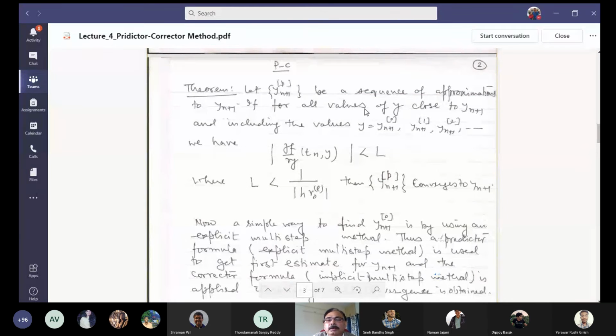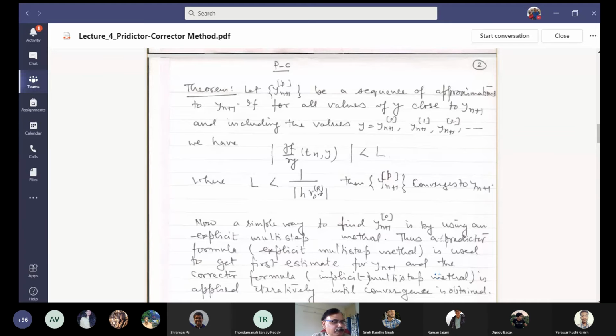If for all values of y close to y_{n+1}, including the improved values y_{n+1}^{(0)}, y_{n+1}^{(1)}, y_{n+1}^{(2)}, and so on, we have that the magnitude of ∂f/∂y at the point (t, y) is strictly less than L, and L is less than 1 upon h γ_0^L. I will explain what is γ_0^L, don't worry.